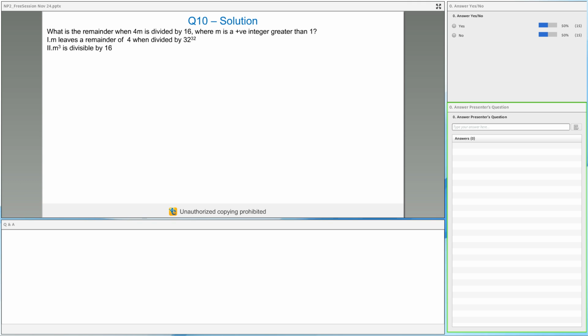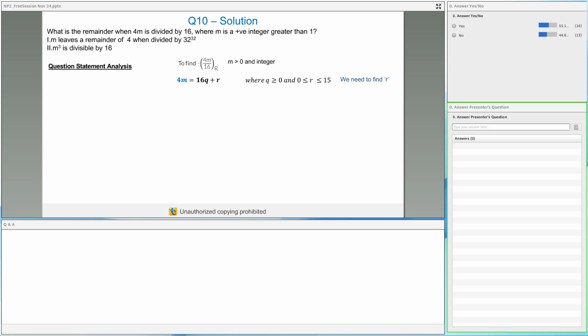We need to find out what is the remainder when 4m is divided by 16. One way to write it is 4m is equal to 16q plus r, and I need to find the remainder, where the remainder has to be greater than or equal to 0 and less than or equal to 15.